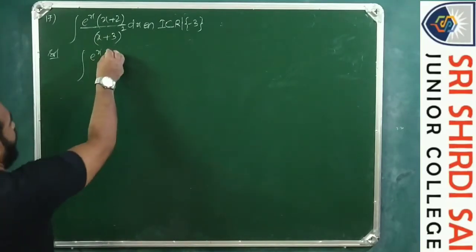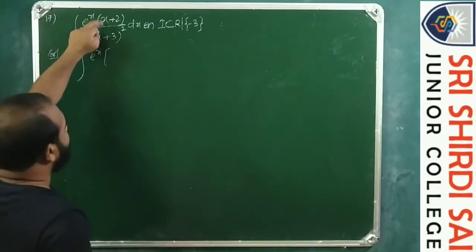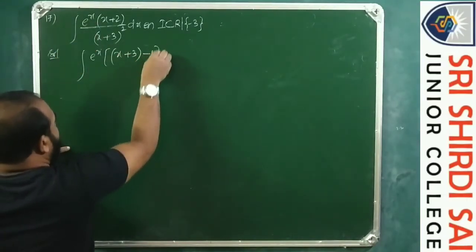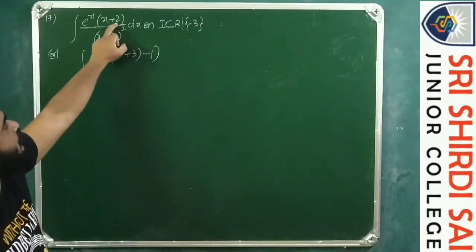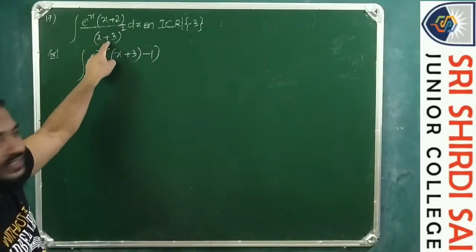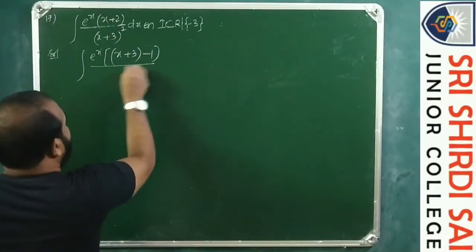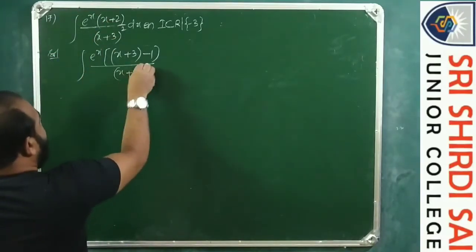So what I mean to say is, x plus 2 can be written as x plus 3 minus 1. 3 minus 1 is 2. So seeing the denominator, we are adjusting the numerator by x plus 3, whole square dx.